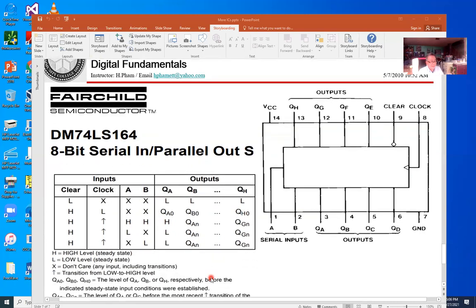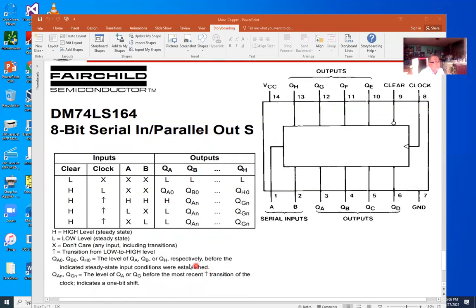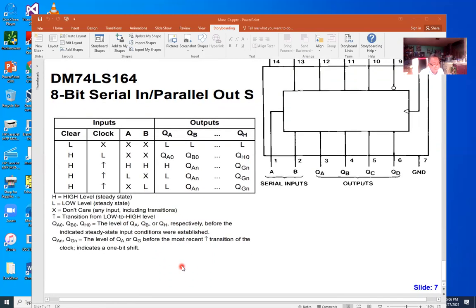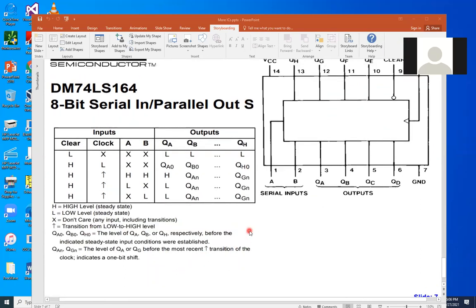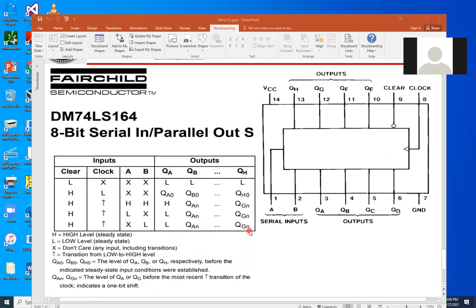Let's see what else we can get in here. So, does that mean when we have the clock going up, whatever is in A and B, if it's low, then it will go low?